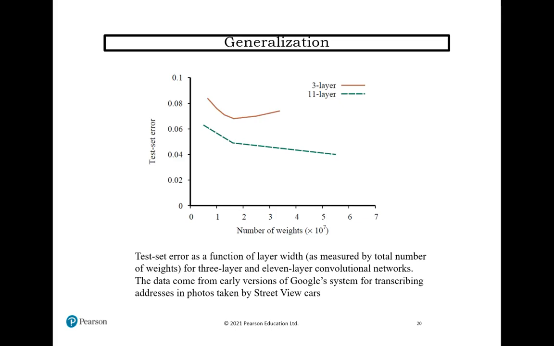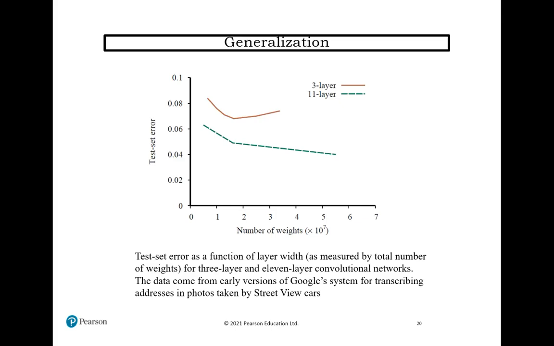Now, when you talk about LLM models like ChatGPT or other similar models, these are in the billions of parameters, so these are much bigger models than what you've seen here. However, you can see that for the 11-layer network, the error continuously goes down.